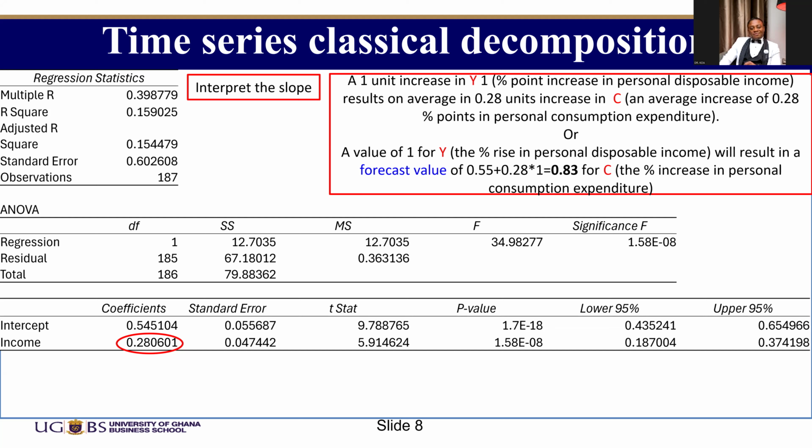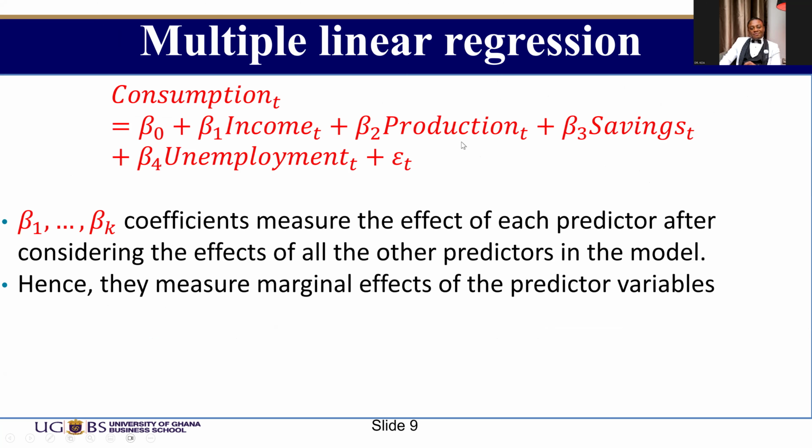You add the intercept, which is 0.55, to the product of the slope value and the actual rise, and that will give you the exact results that you have. It's very, very simple when you are introduced, and you should learn how to interpret these curves.